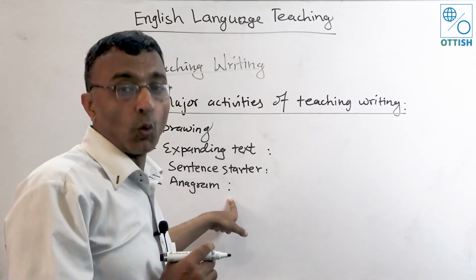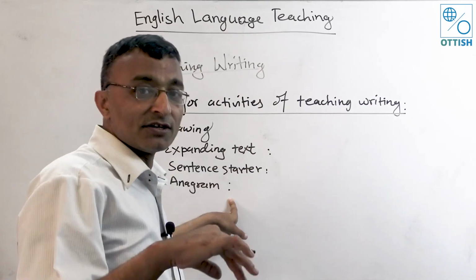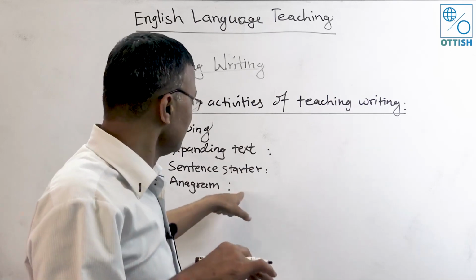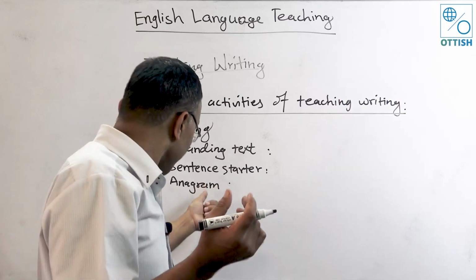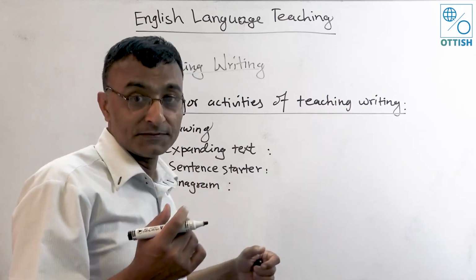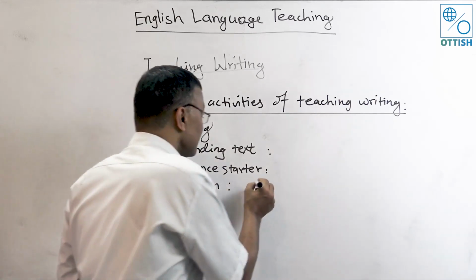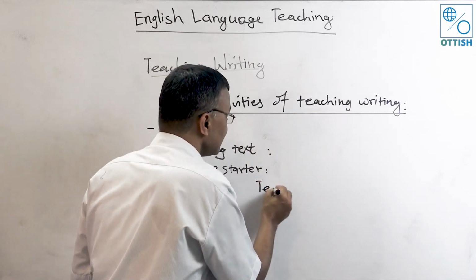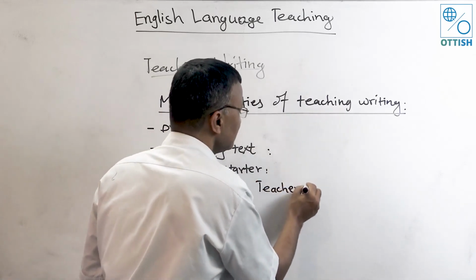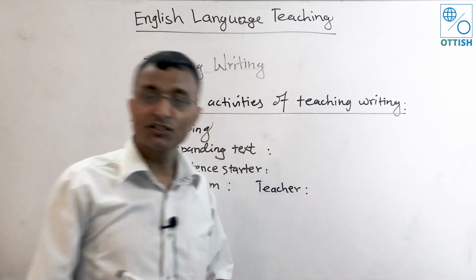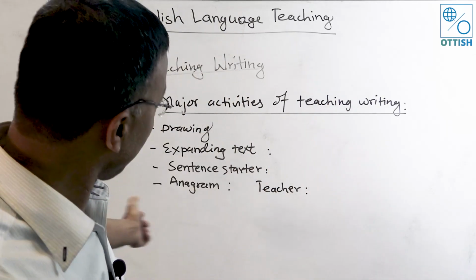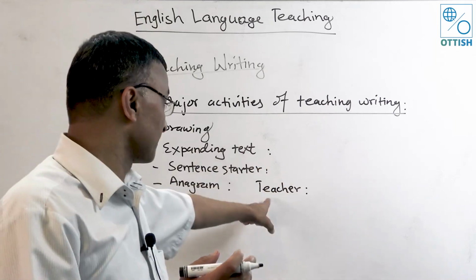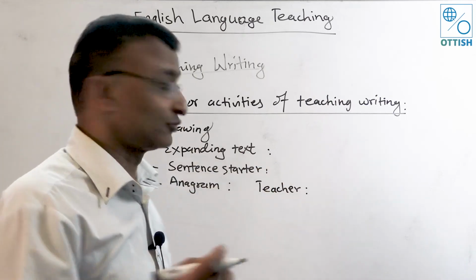The teacher gives a word and the students have to reproduce new words from the letters of that word. For example, if the word TEACHER is given by the teacher, the students have to make words. How many words they can make from this, they are asked to do.